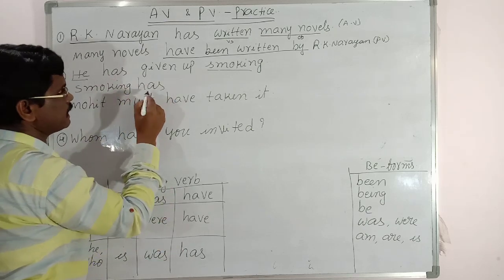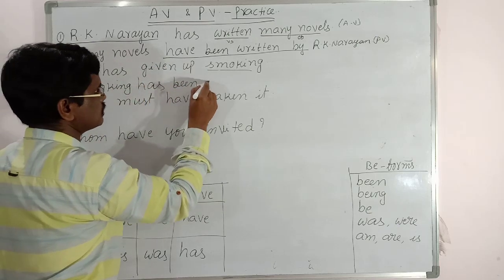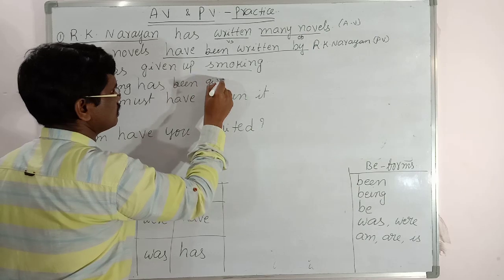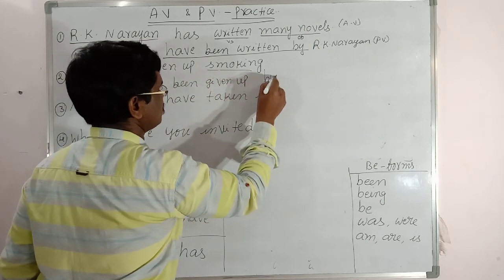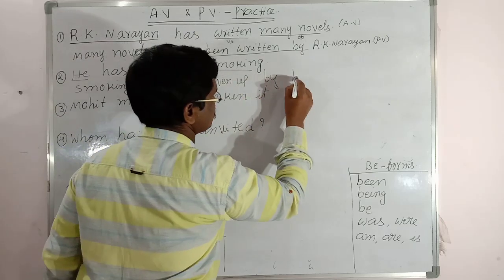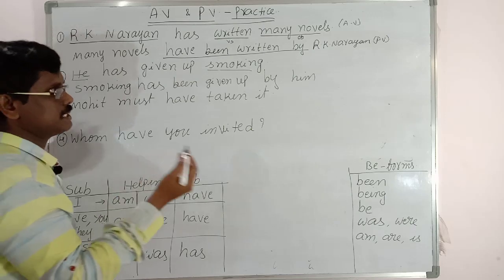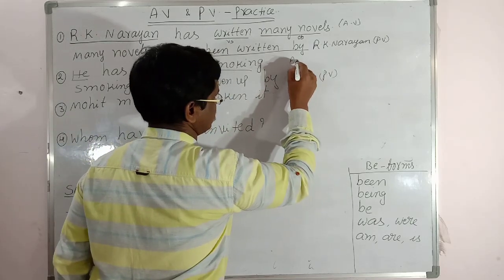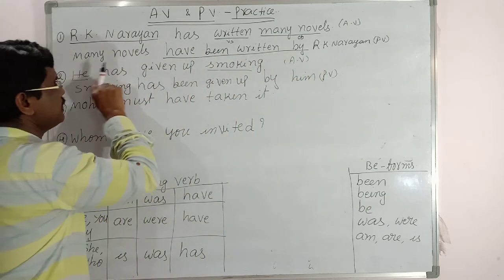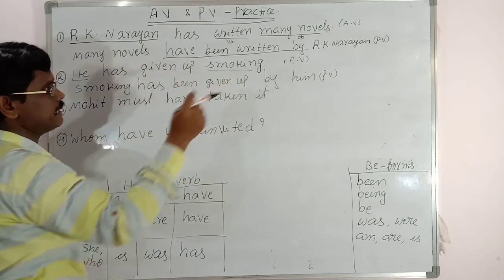Smoking has. This is verb 3. So been, verb 3: has been given up by. He changes to him, subject. He changes to him. This is passive voice, this is active voice. Very easy. He has given up smoking. Smoking has been given up by him.